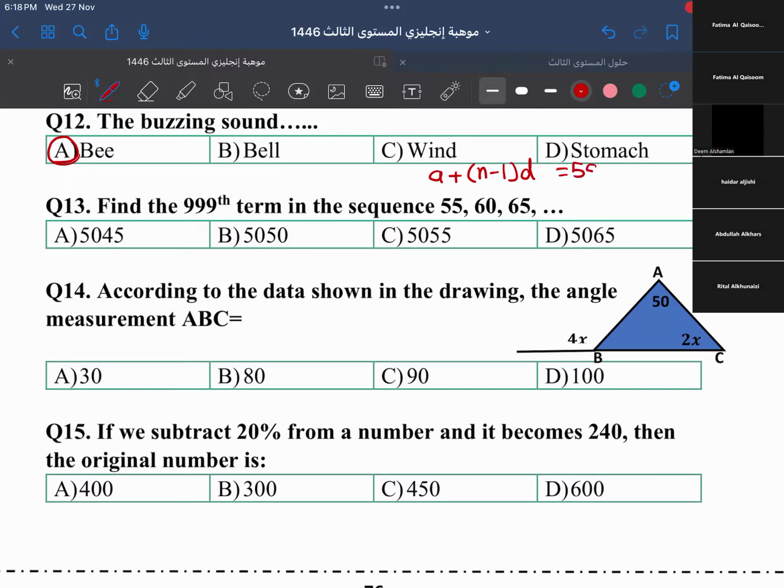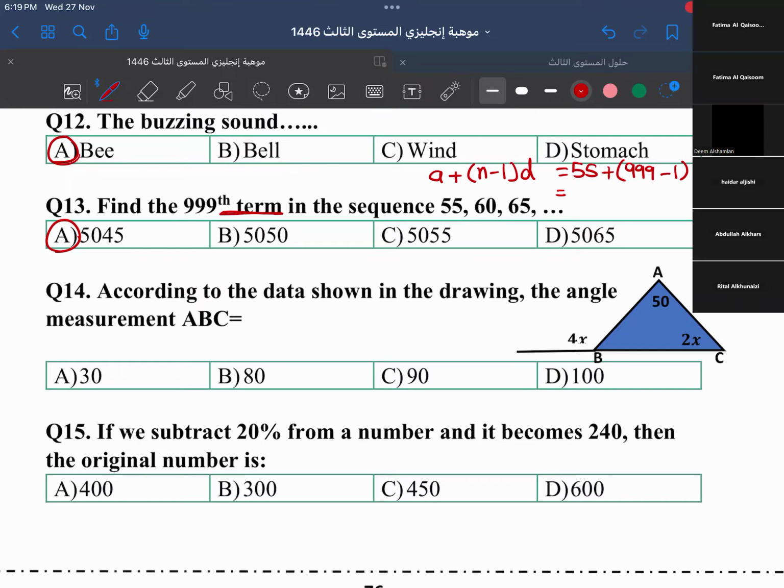And N is the term, so it's going to be 99 minus 1. D is the difference, which is 5. Excellent. ممتاز, Rital. So lastly, do you know the answer of this equation? I'm not sure, but I think it's A. It is A. Excellent. So here it's going to be 5,045 in this term.